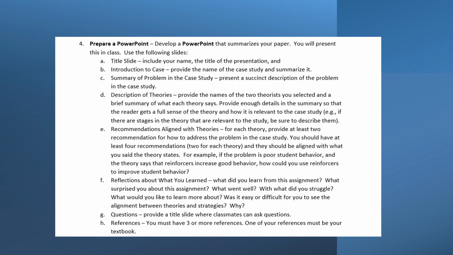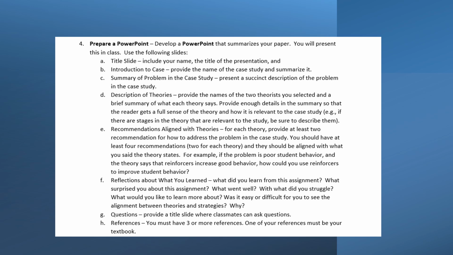You're going to present a succinct, that means short, description. What's the problem in the case study that the teacher is dealing with? You're going to present your two theories, describing the theorist and what the theorist said.